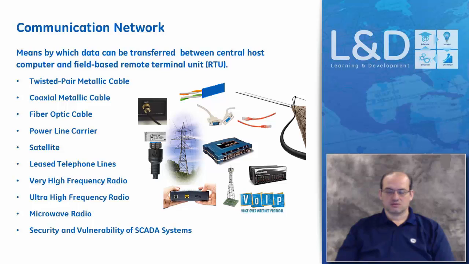The high cost of cables and installation would mean that the utility would have to look for a more economical means like telephone lines, for example, leased lines or dial-up.